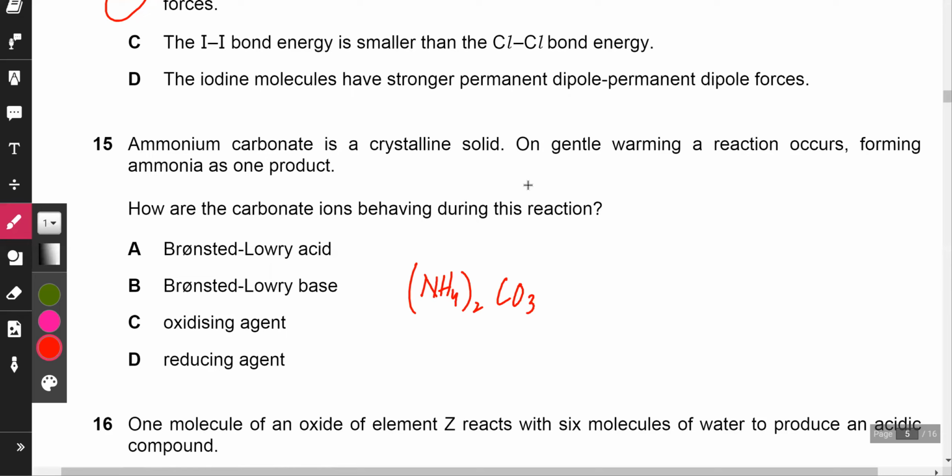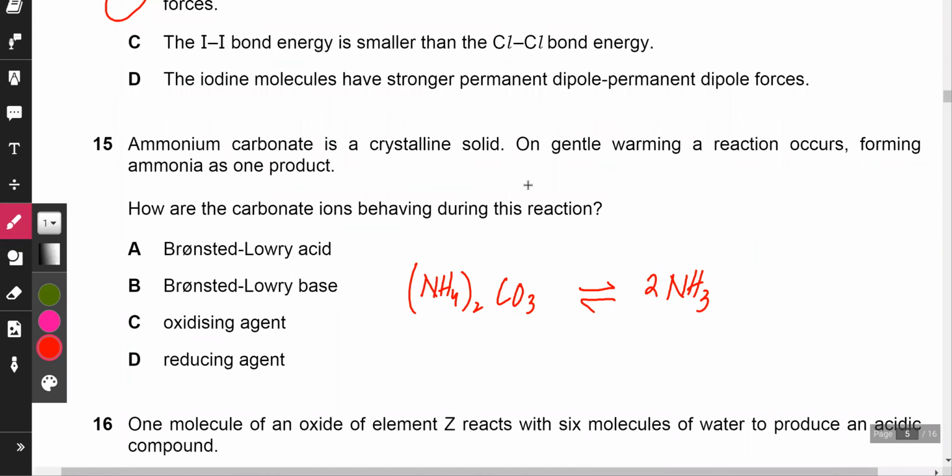On gentle warming, a reaction forming ammonia is one of the products. So there's some reaction happening. I don't know what the reaction is, but ammonia is one of the products. So there would be two ammonias getting produced.